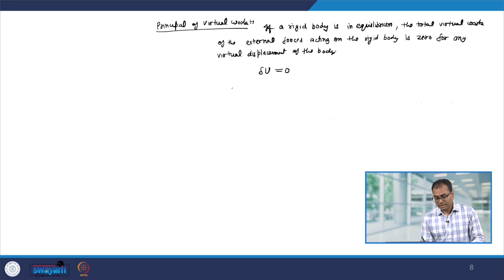Let us say the external forces P, Q and a moment M is acting on the rigid body. Then if delta x is the virtual displacement corresponding to force P, delta y is the virtual displacement corresponding to force Q, and delta theta is the virtual displacement corresponding to the moment M, then P delta x plus Q delta y plus M delta theta has to be equal to 0.